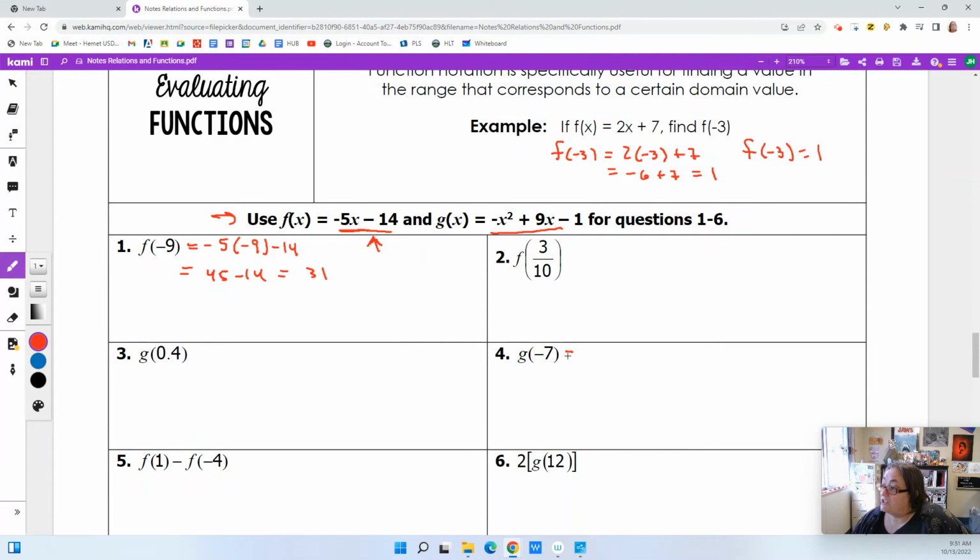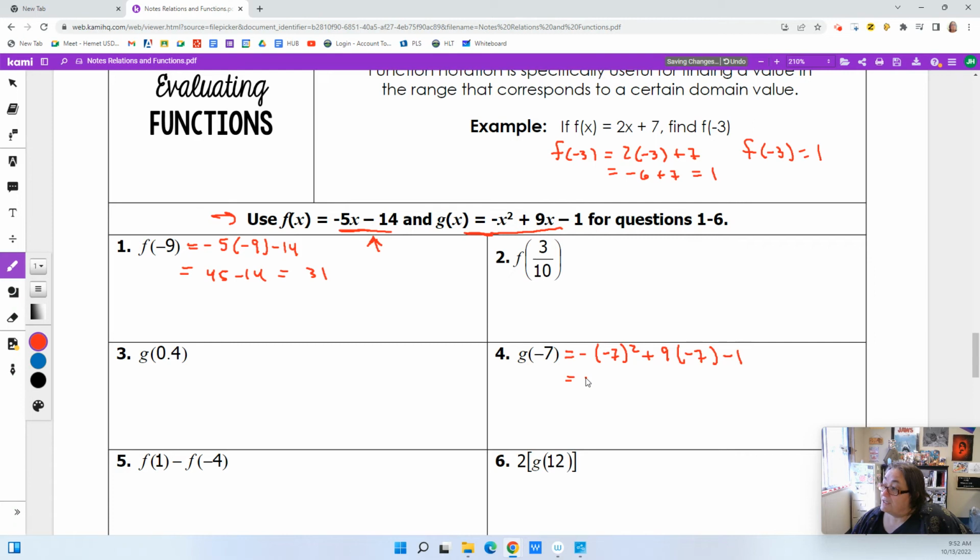This one right here says g of -7. So I'm going to use the g equation, which is going to be minus x squared. Well, for that x, I'm going to put in -7 squared plus 9 times negative 7 minus 1, right? I'm using the g equation that's up here.